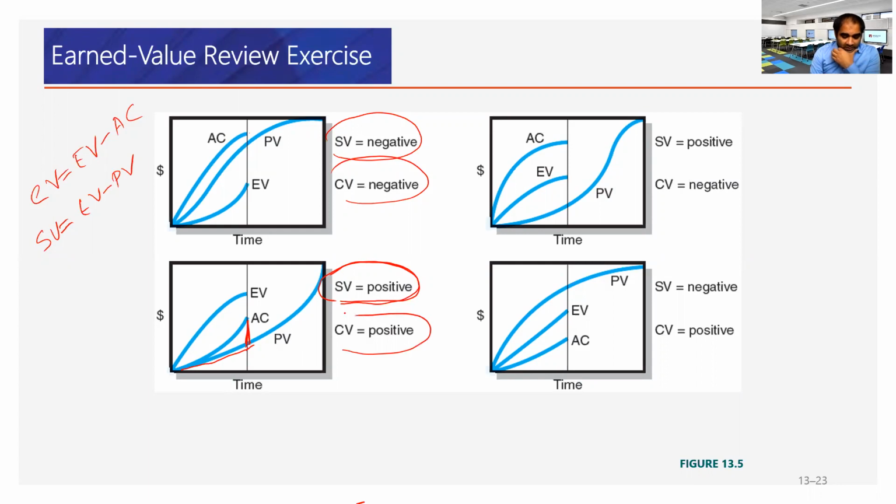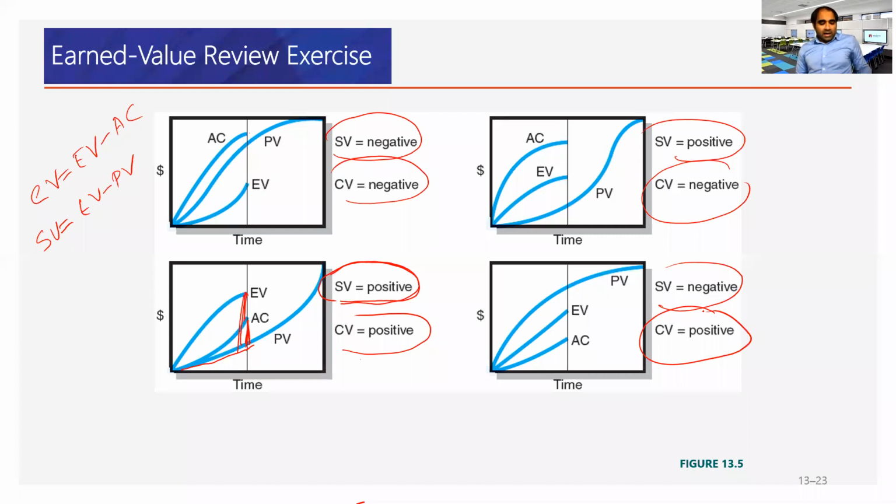Cost variance is again positive. Here it is earned value minus actual cost and earned value minus planned value. Both are positive. There can be cases like one positive, one negative. It all depends on the specific situation.